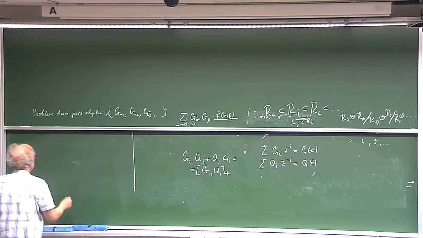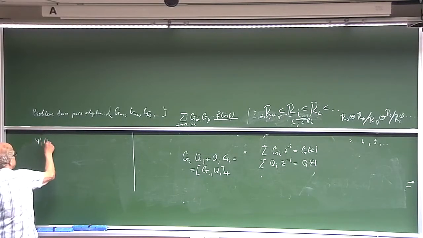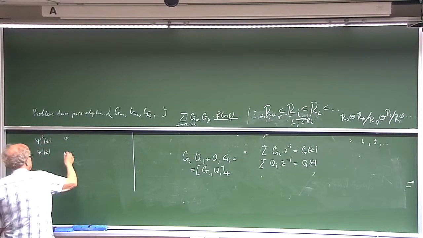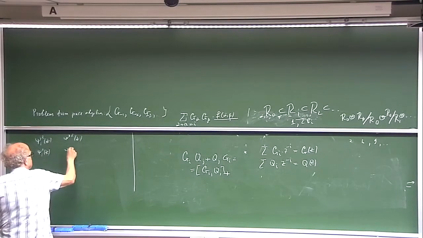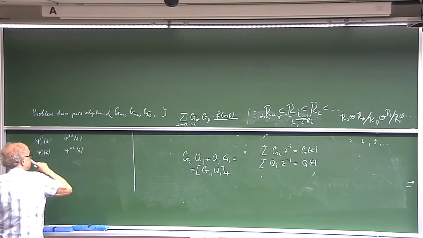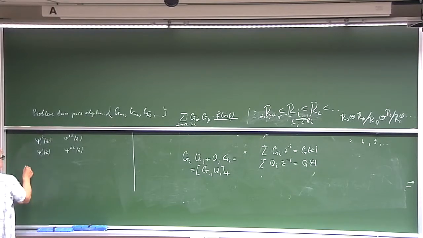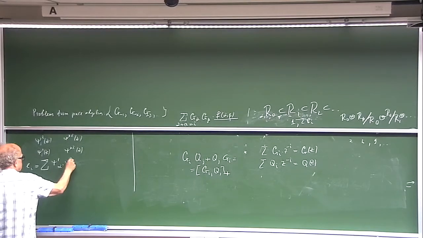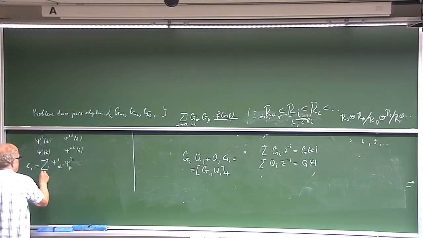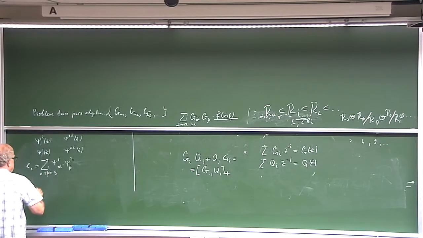But let me take psi1 z and psi2 z, let me take two of them for simplicity. And let me write Ei is the sum psi1 alpha, then psi2 beta, alpha plus beta equal s, equal i.